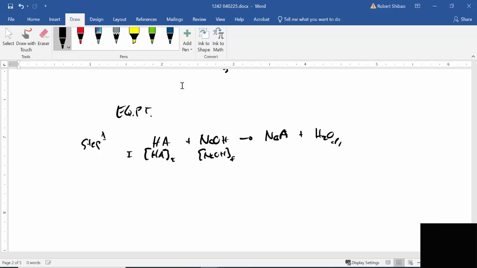And so at the equivalence point, these two are equal. And there's no limiting, there's no excess. And we end up with the same.